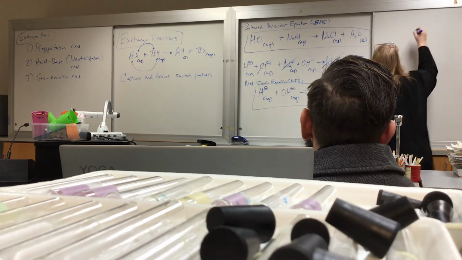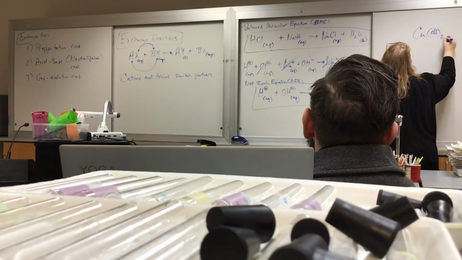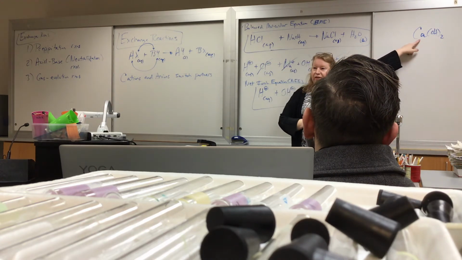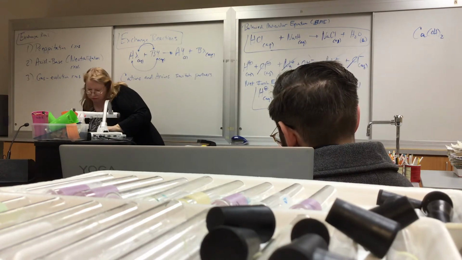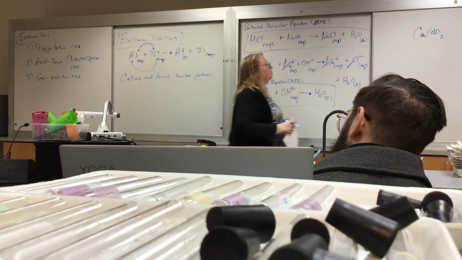So for example, instead, let's just say I had this instead. Just pretend that one of the products I would make would be calcium hydroxide right here, okay? If you look at the solubility rules, well, I think I might have just picked one that's also, oh, I picked another soluble one. Let me pick another one.